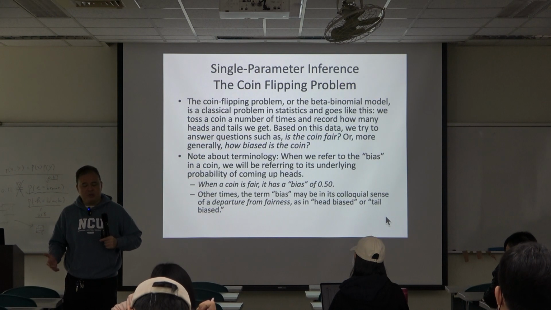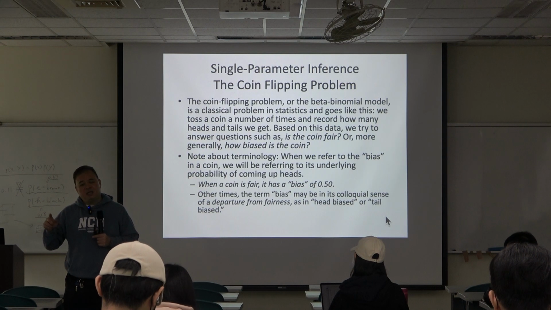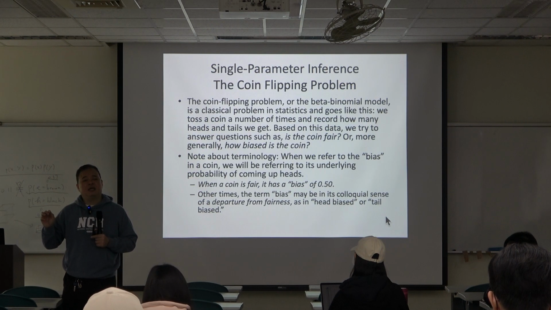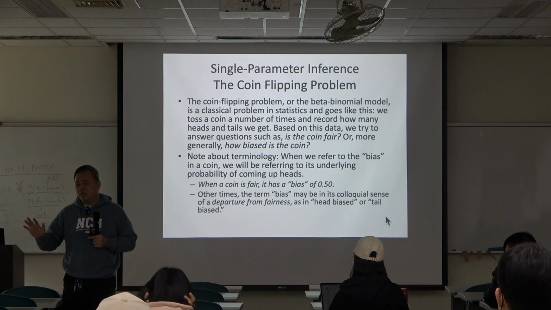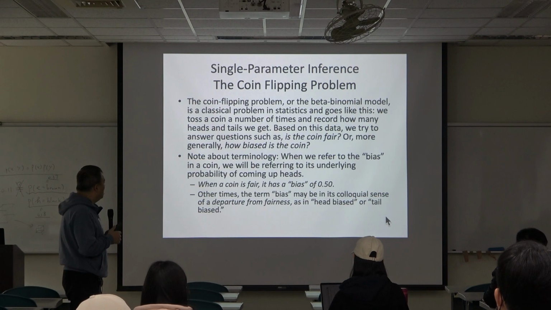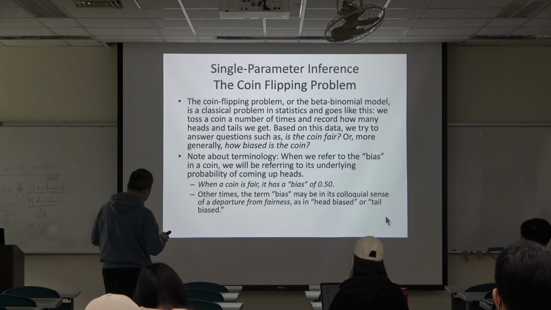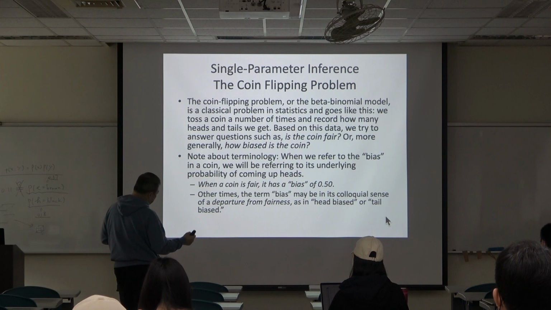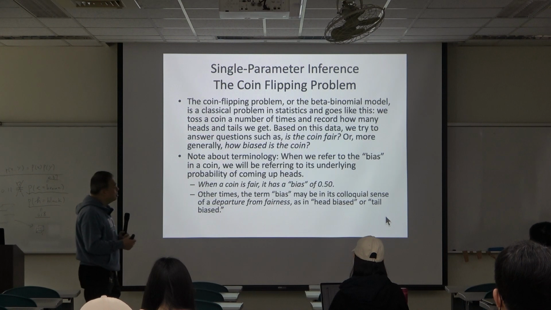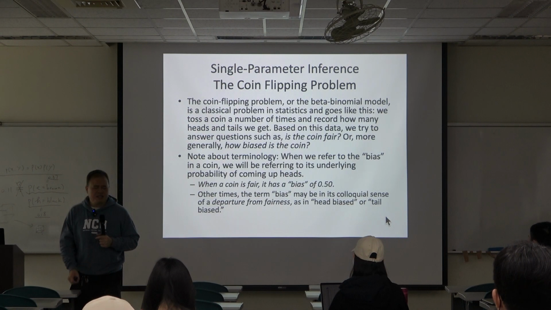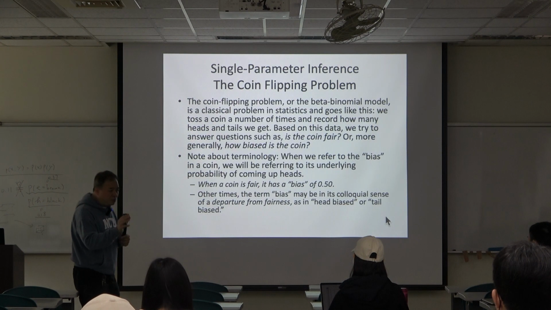Or more generally, bias can be used to refer to a certain probability. So in this case, it's the probability that the coin flip is head. The third one, I forgot the third one. Anyway, just want you to be aware.